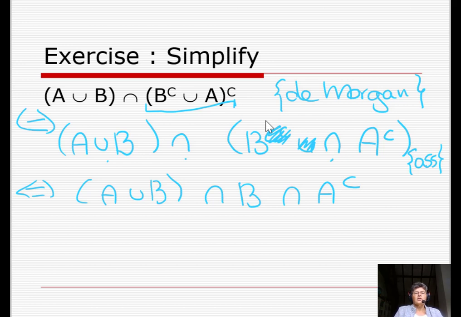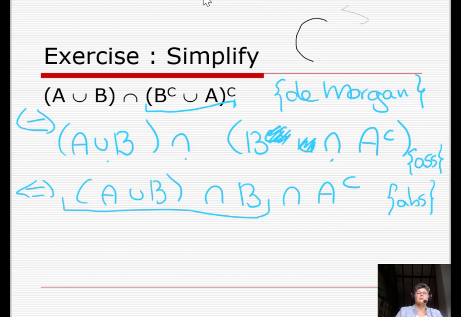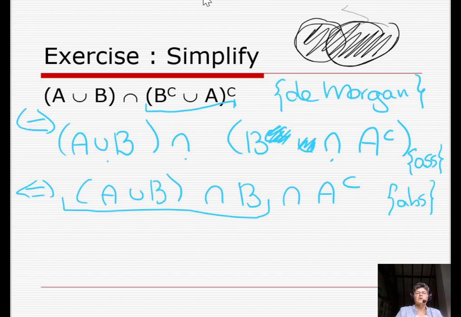Okay, so if we look at this one, now it's getting fun, because look at this first part. A united with B, intersected with B. And hopefully you recognize the absorption law. So if we have a set A, let's make a separate drawing. So we have A with B, united. And then we intersect it again with the last one.